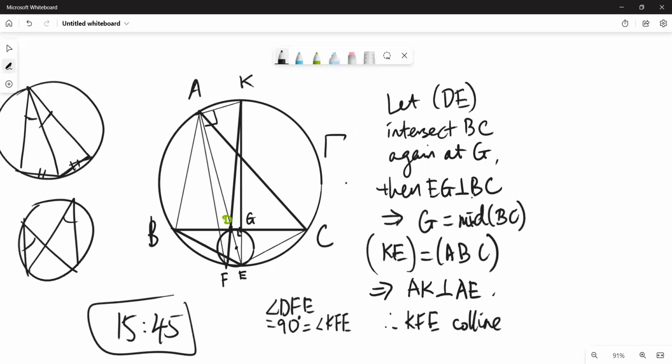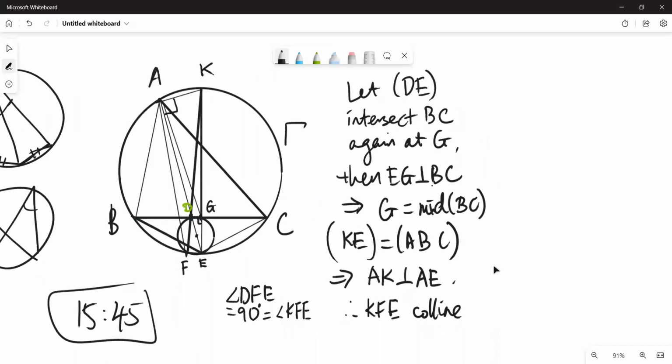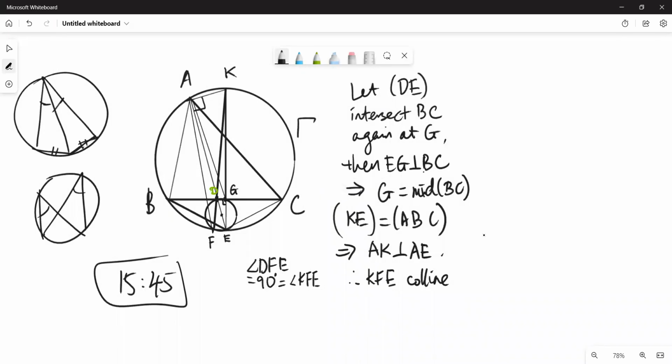And let's draw the line AG. AKDG cyclic, yeah. So DAK is equal to DGK is equal to 90. So AKGD is cyclic.